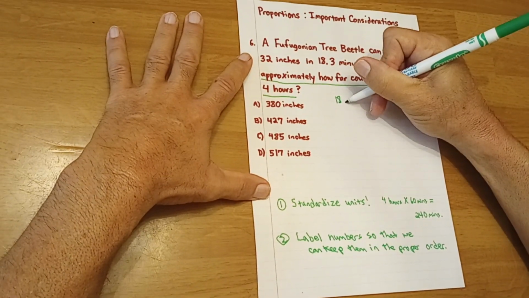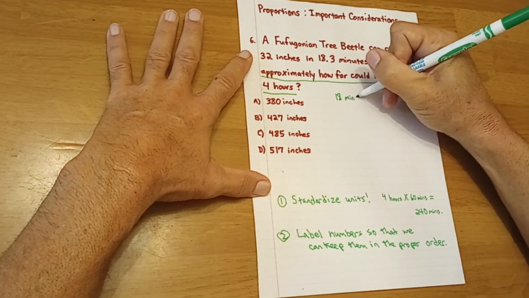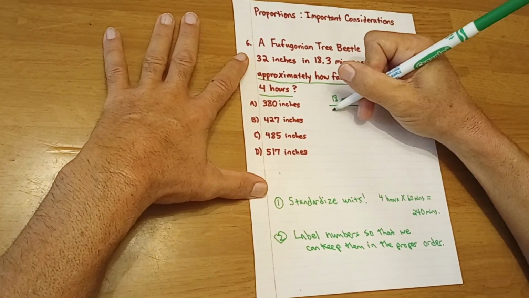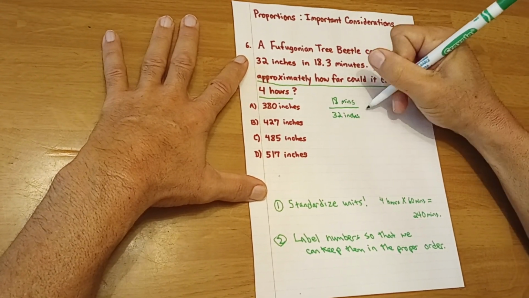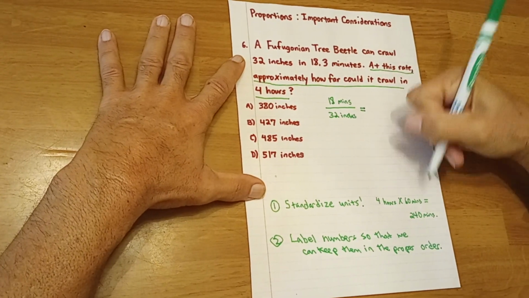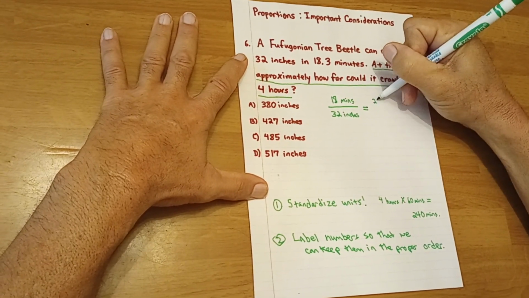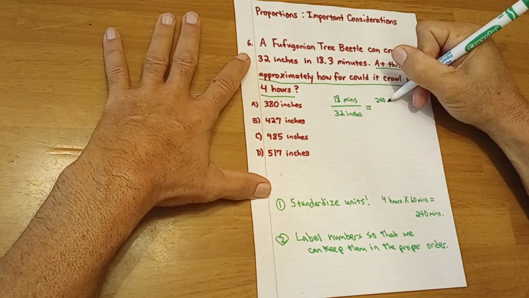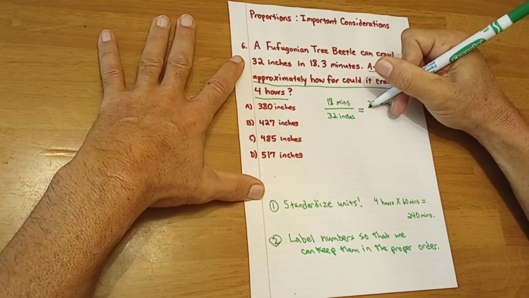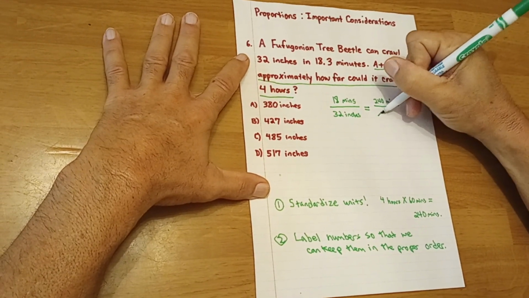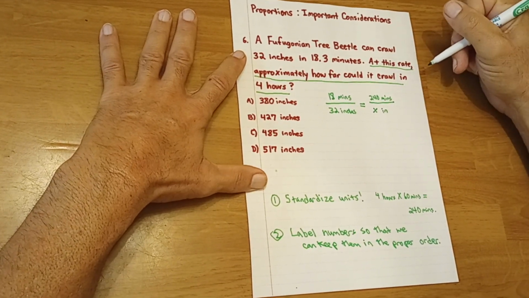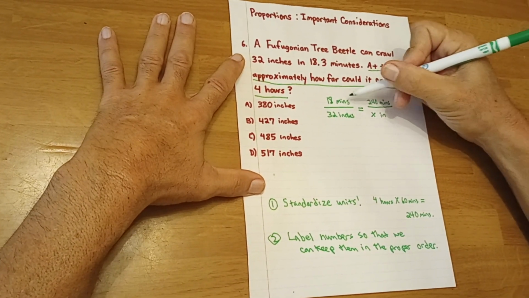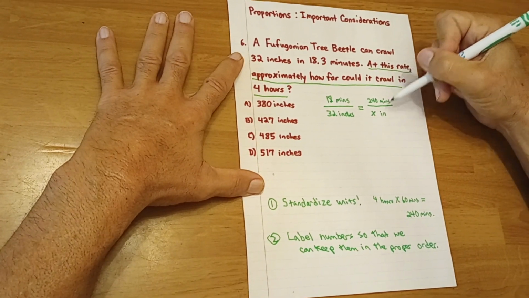So I'm going to say 18 minutes is to 32 inches, as 4 hours, which is 240 minutes, is to how many inches? Notice that I have minutes is to inches, as minutes is to inches.